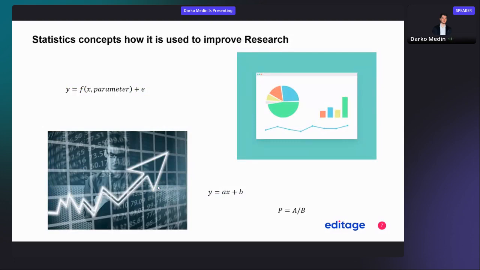On the other hand, when we say statistic or statistics, we generally think about mathematics, different formulas, or data analysis, analytics, how to derive results using certain data.